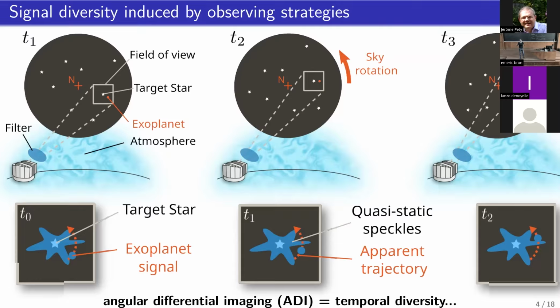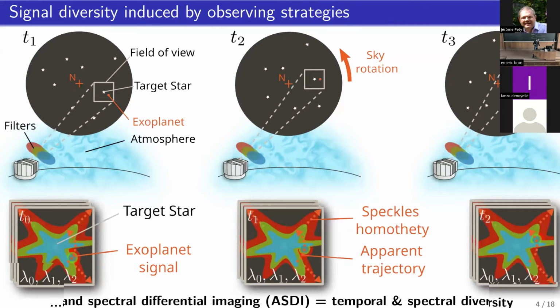We say it is quasi-static, up to fluctuations that should be modeled very accurately to remove this nuisance component. And the objects of interest, for instance exoplanets, describe across time an apparent motion, which is completely predictable because it is induced by the Earth's rotation. So we can leverage this prior knowledge for solving the unmixing task.